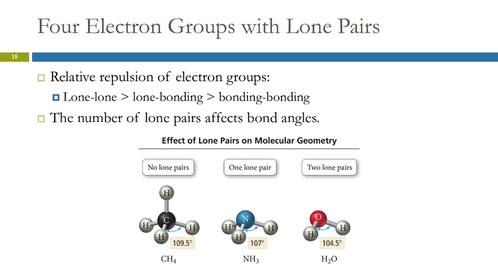So we have repulsions between electron groups. We have lone pair to lone pair. That is the most repulsive. Lone pair to a bonding pair, that's sort of middle repulsiveness, and bonding pair to bonding pair is less repulsive.